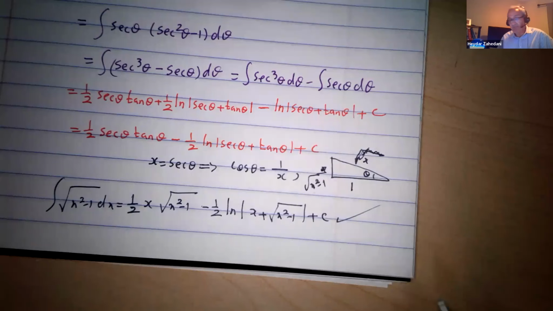With the substitution of the tangent and the secant, originally you will end up with the integral of a secant cubed. So you better check that one.